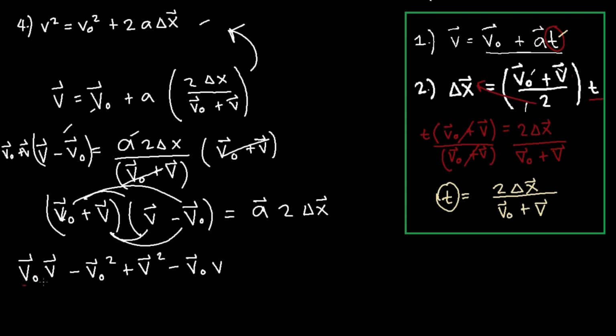So since kani og kani kay pareha tapos negative ang isa, therefore, ma-cancel sila. So i-equate nato ni.